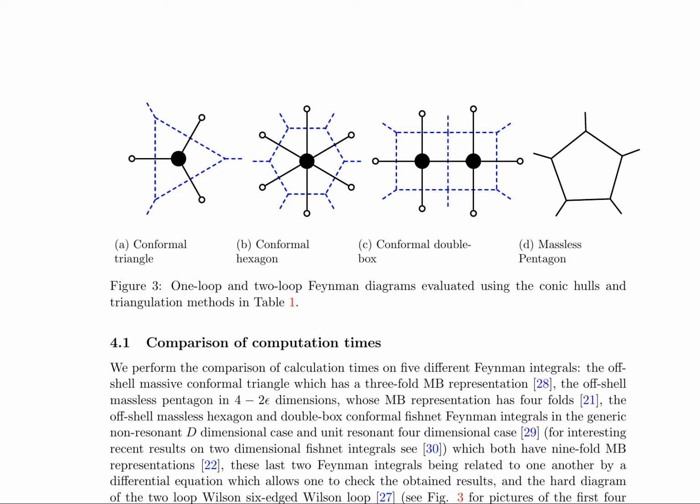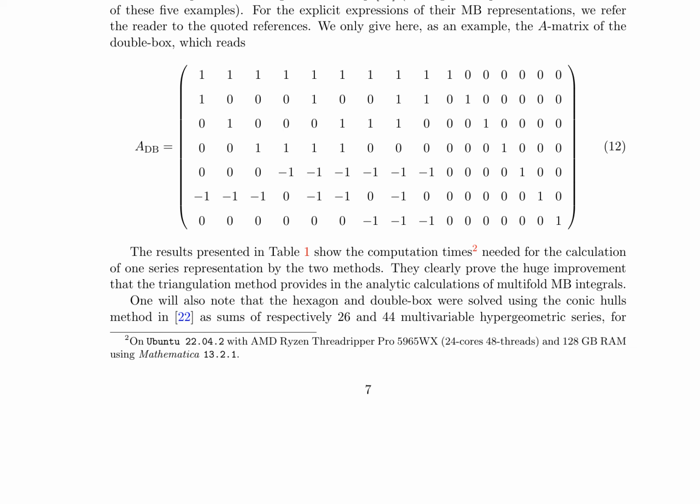The triangulation method significantly improves computation times for these integrals, as demonstrated by the results in Table 1. This improvement is particularly notable for integrals with higher dimensional MB representations. The matrix for the double box, which is essential for understanding the MB representation and its application, is also discussed.